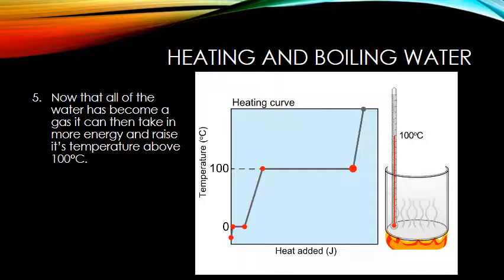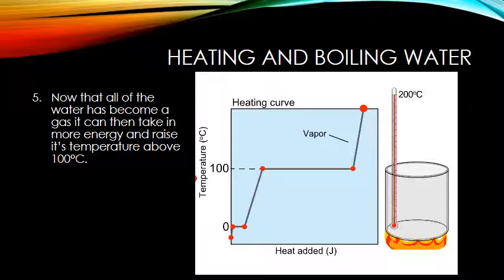The last section of the graph, the last not vertical but tilted section of the graph, shows our gas being heated. So if we could capture the gas that was evaporated from the beaker and hold it in a container and continue to heat it up, then we would see that the gas would change its temperature. It would continue to heat.